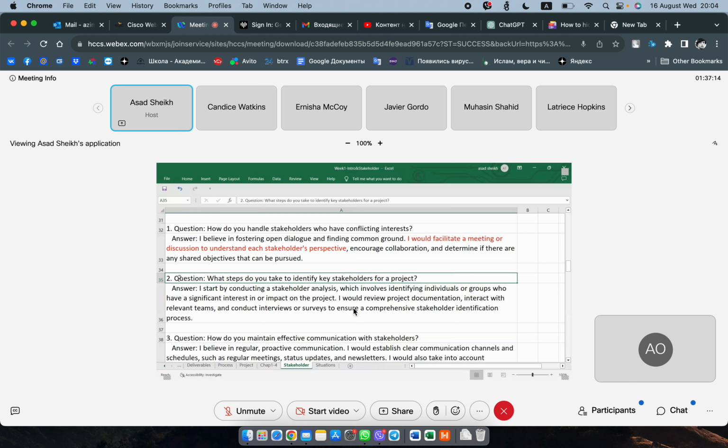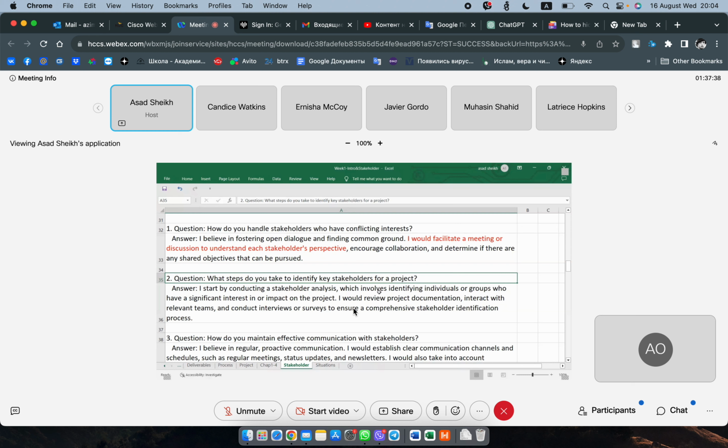And so, answer: I start by conducting a stakeholder analysis, which involves identifying individuals or groups who have significant interest in or impact on the project. So first is identifying individuals, and you know that we start to do that when we initiate the project.